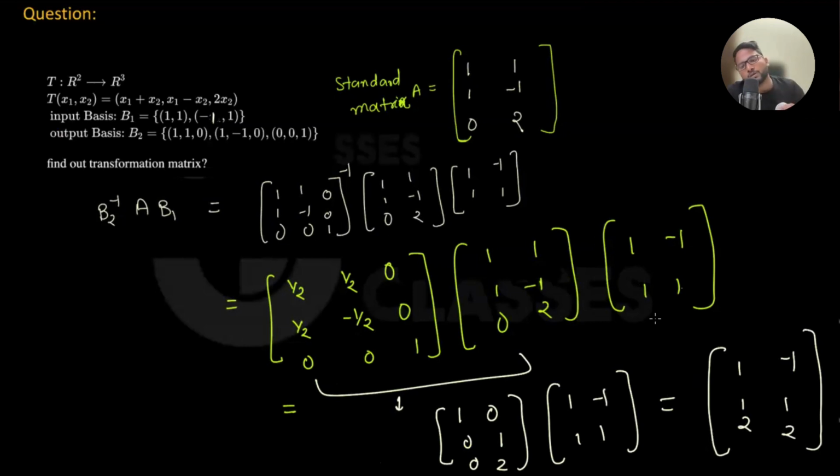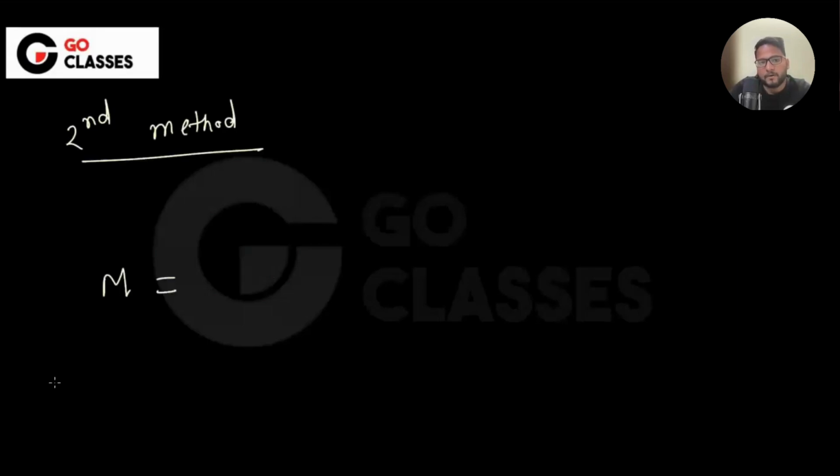Now let's do this particular thing using the other way. Let's write the second method. What is the second method? Let's call it matrix M. If you want, you can use the notation from B1 to B2, but this seems like a scary notation.